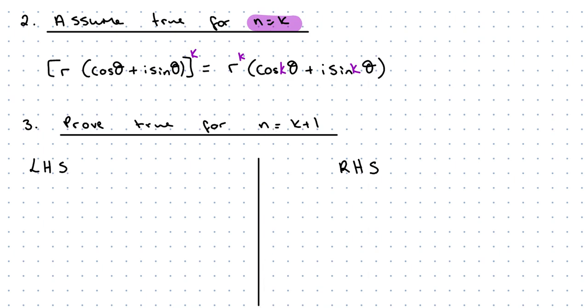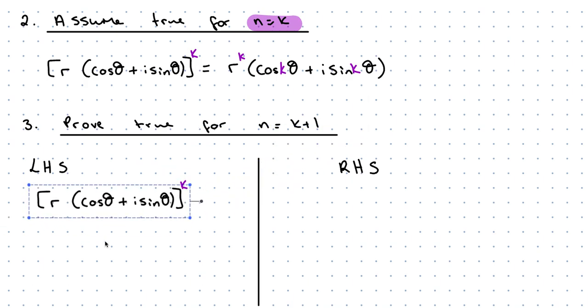For the left-hand side, I'm replacing all of the n's, which in the above step were k's, with k plus 1. So I'm taking out that and putting in k plus 1 up here.